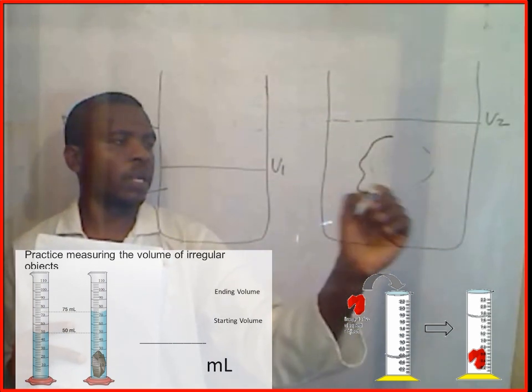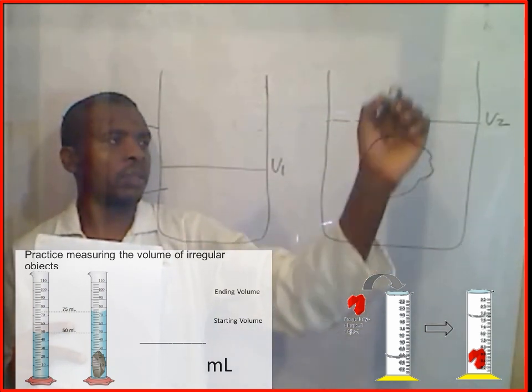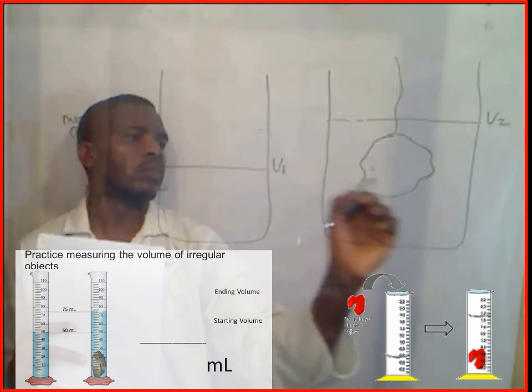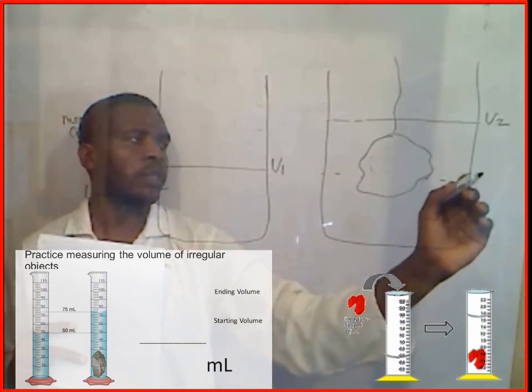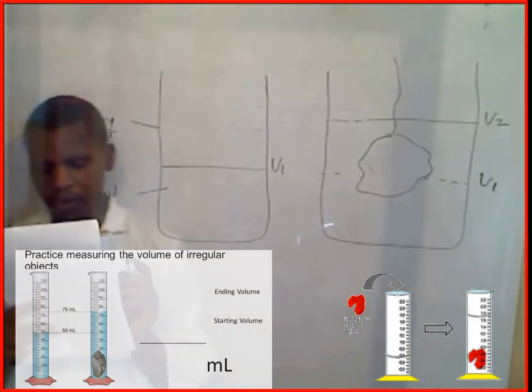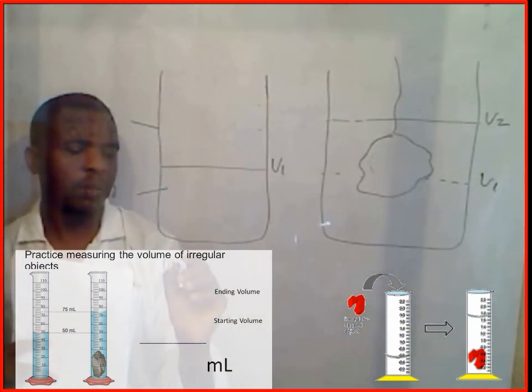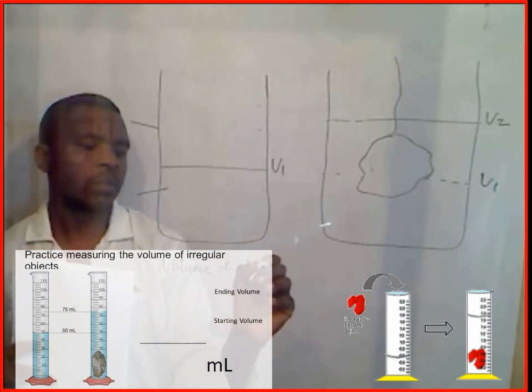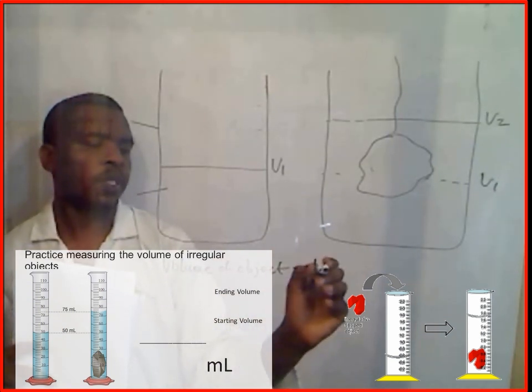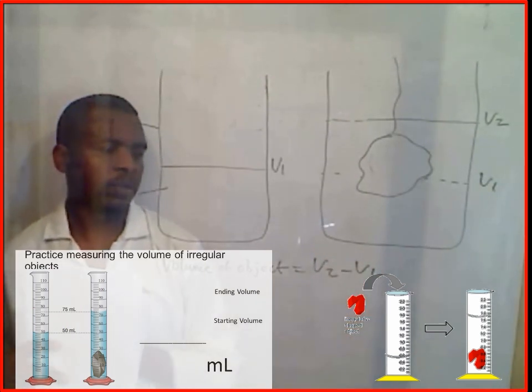This is our irregular object that is immersed. So this was the initial volume V1. So the volume now of the object will be V2 minus V1.